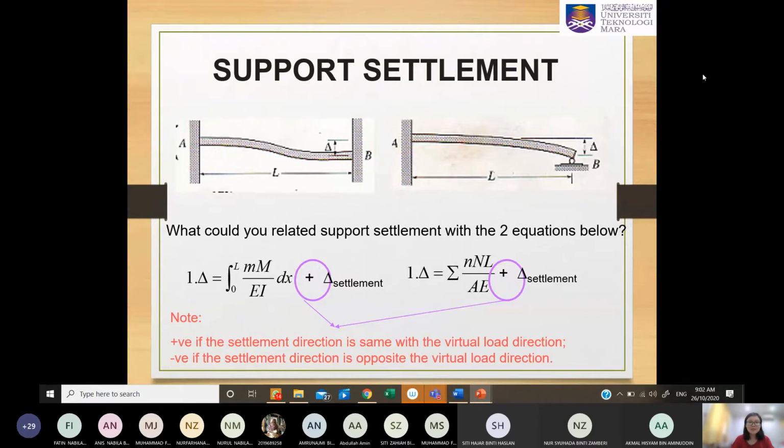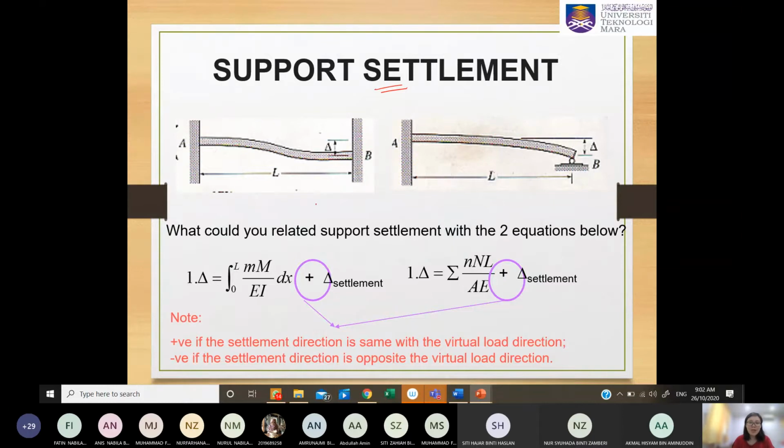Now the title is support settlement. The question here is telling you to relate the support settlement to these two equations below.